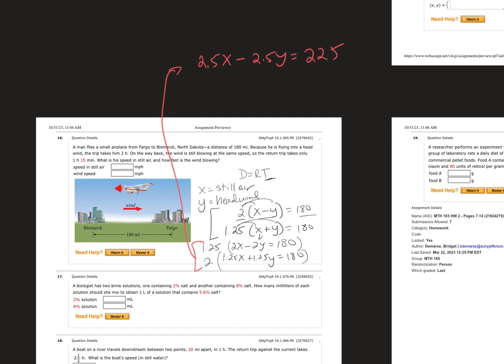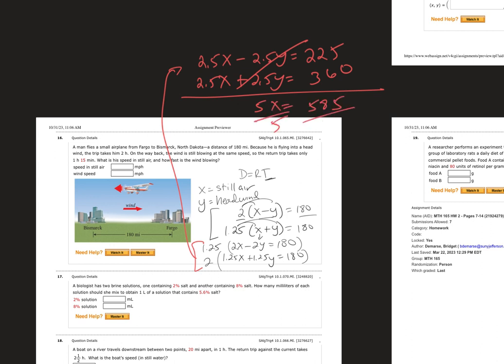And then I have 2.5x plus 2.5y equals 2 times 180, which is 360. These are canceling. I have 5 times x equals 585.